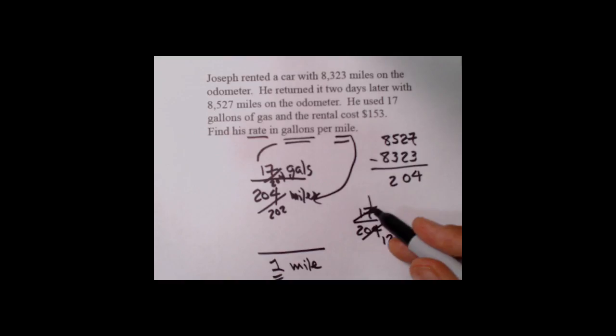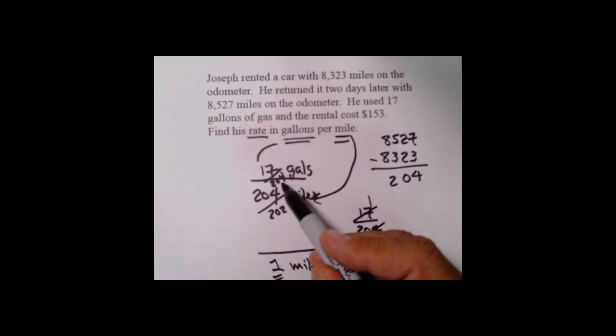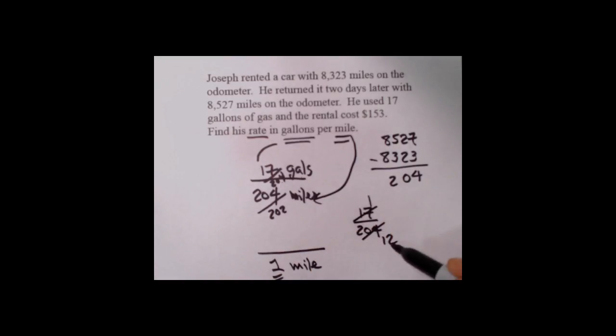So the 17 over 204 up here, you could just get your calculator and do a decimal on this and come up with the decimal value on it. But it's also legitimate to give it as a fraction answer. So I'm just going to leave it like this and say 1/12 gallon per mile.